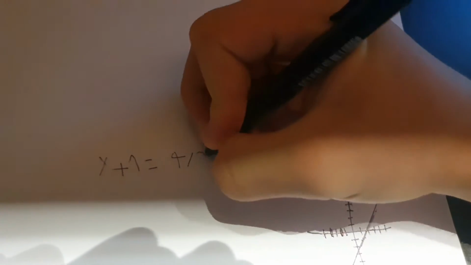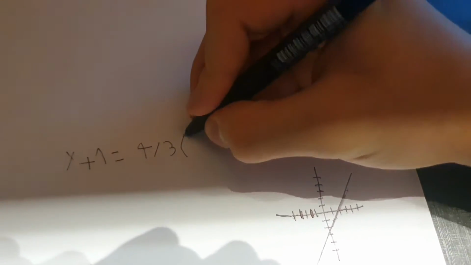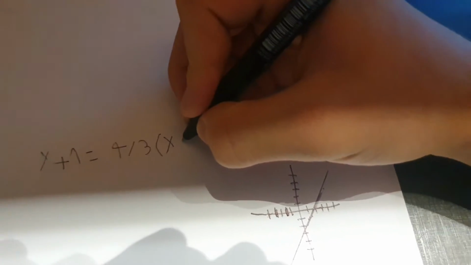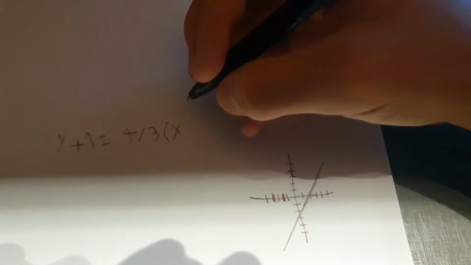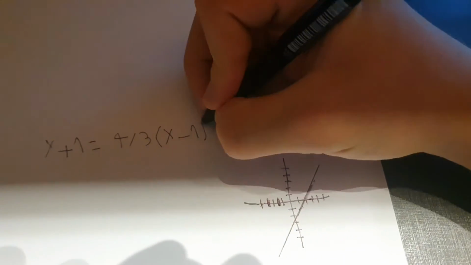So 4 over 3, and then parentheses x minus the x coordinate, as the x coordinate of this point here is 1, it's just going to be minus 1.